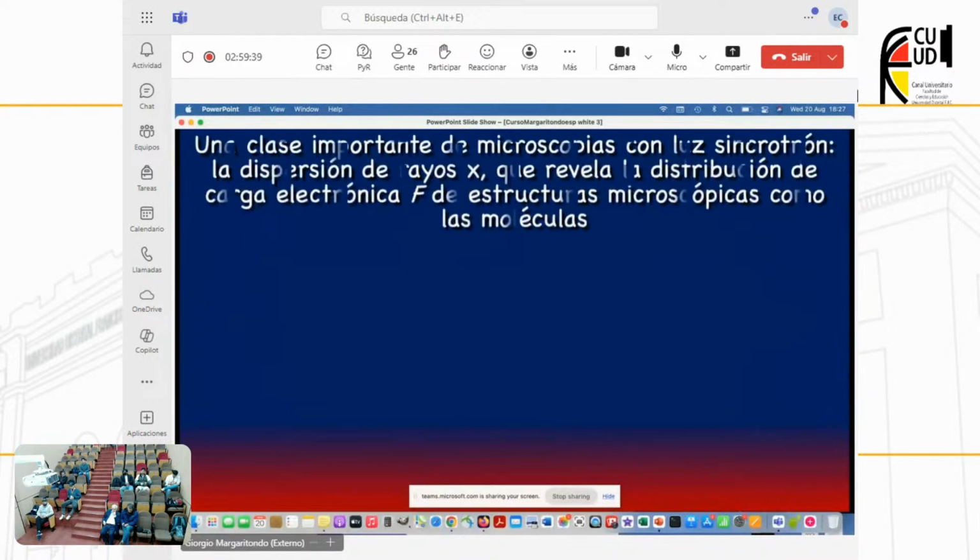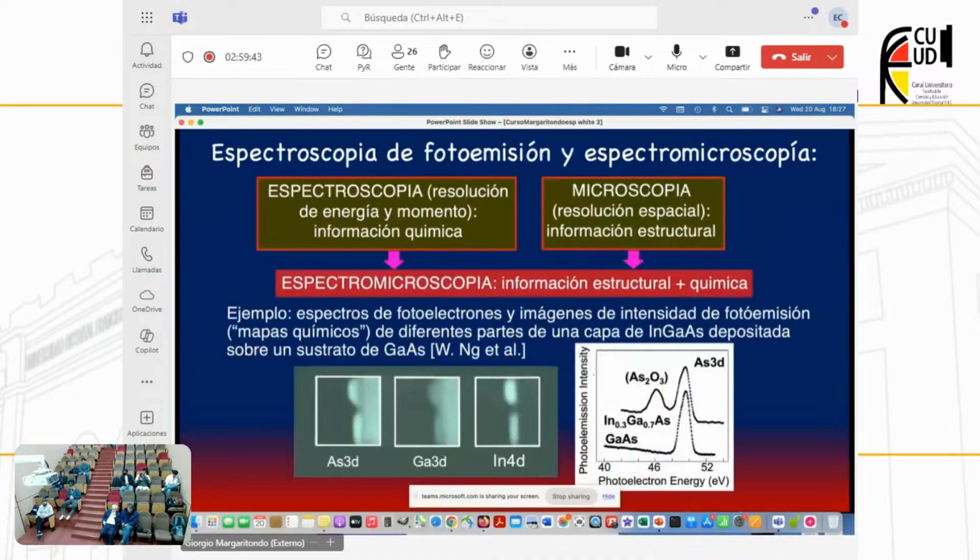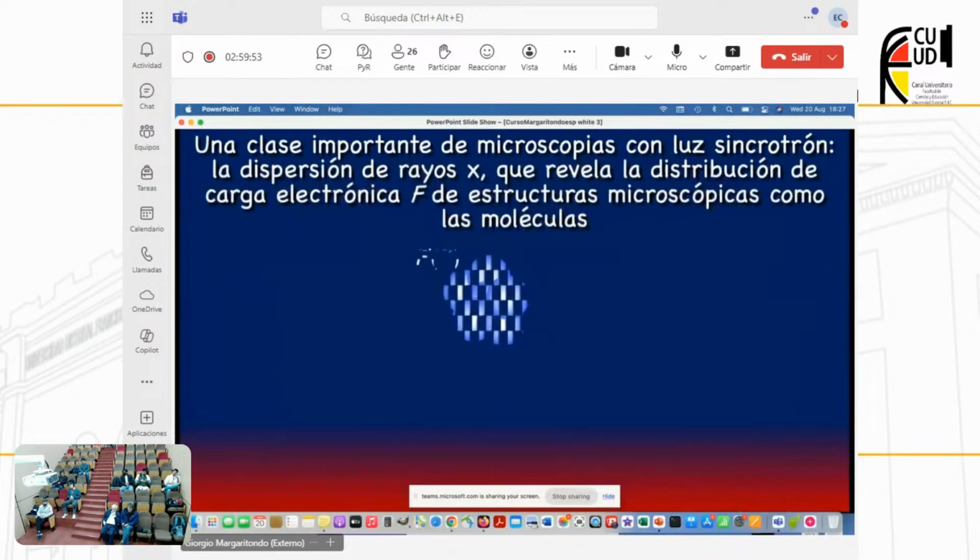Now, I think that that's as much as I want to present today, because tomorrow we are going to have time to go into this last class of techniques, which is the microscopies that are based on scattering and diffraction, in particular crystallography.